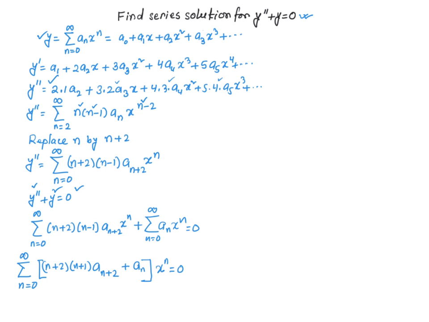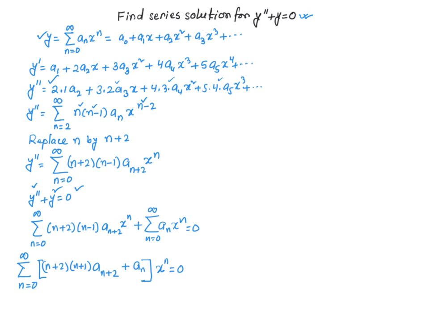All right. If you look at this equation, the left-hand side is actually just a polynomial, kind of infinite dimension, I guess. Okay. So the right-hand side is 0, right?